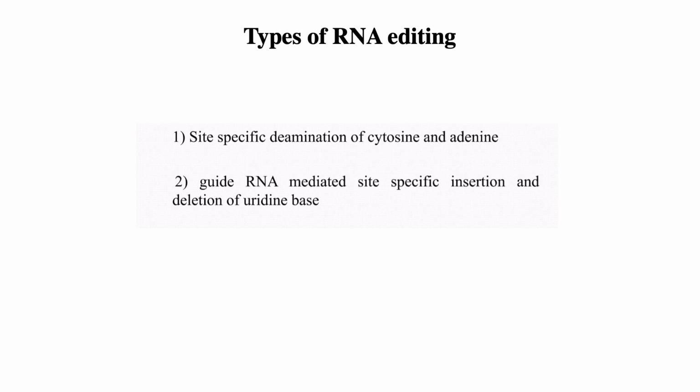There are 2 major types of RNA editing. One is the site-specific deamination of cytosine and adenine, and the other type is guide RNA mediated site-specific insertion and deletion of uridine base, that is the U base. These are the major types of RNA editing.